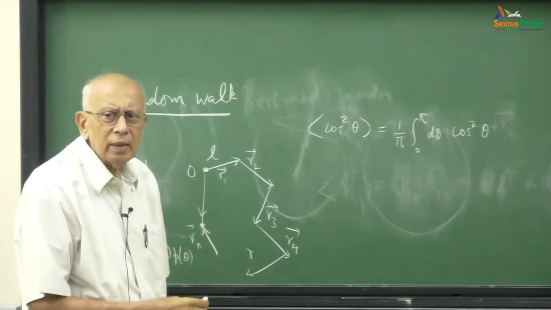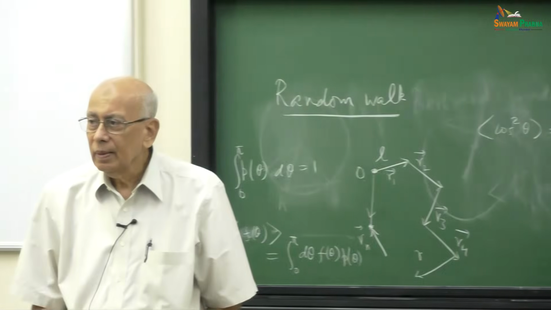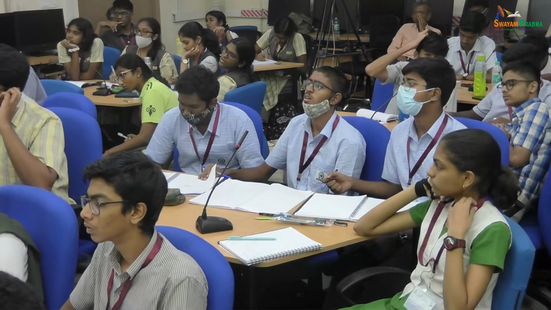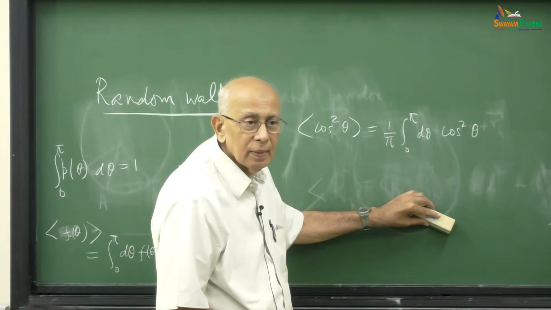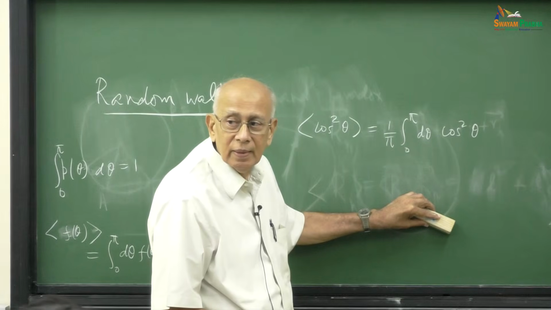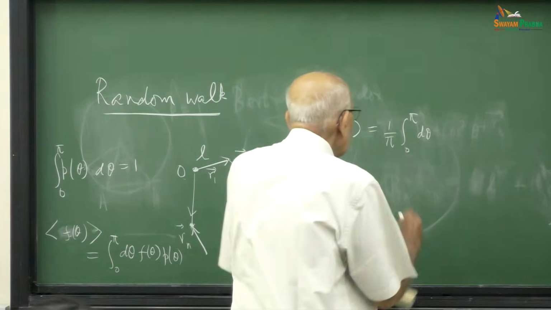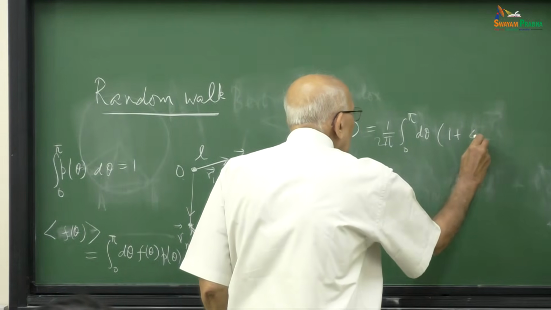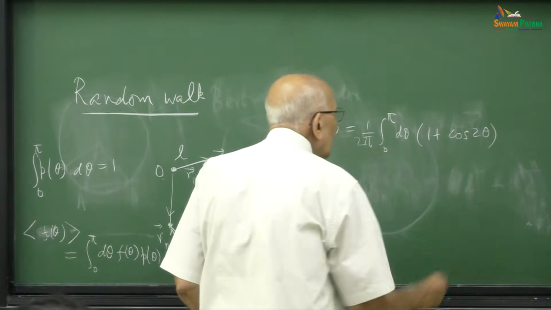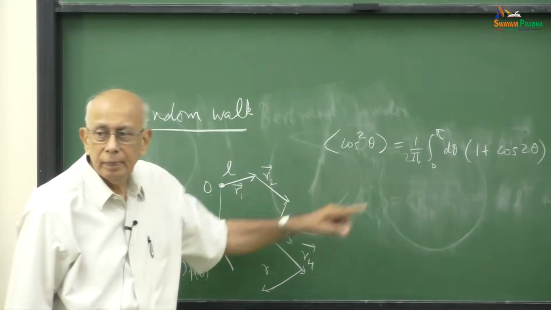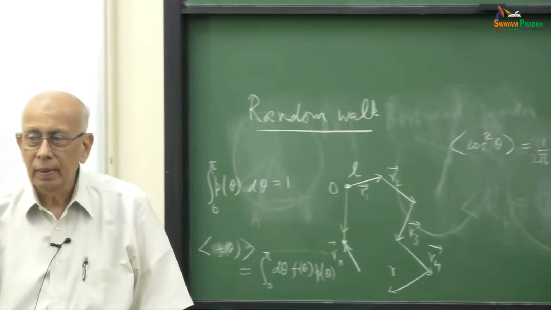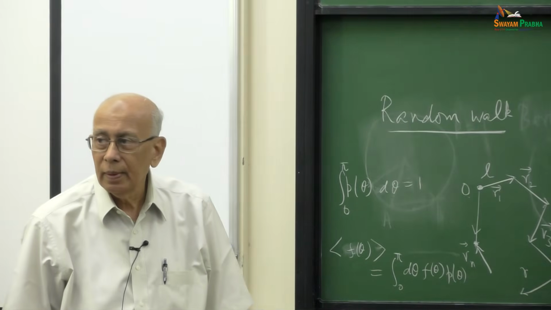How do you do such an integral? You write cos squared theta as 1 plus cos 2 theta over 2. And then what? Now we'll split the integral.